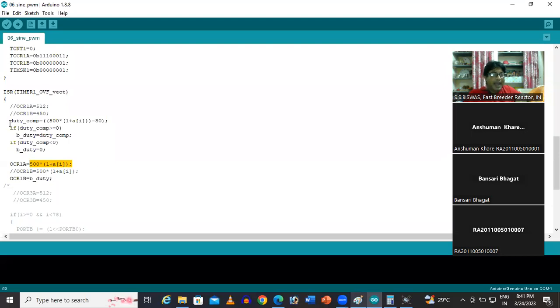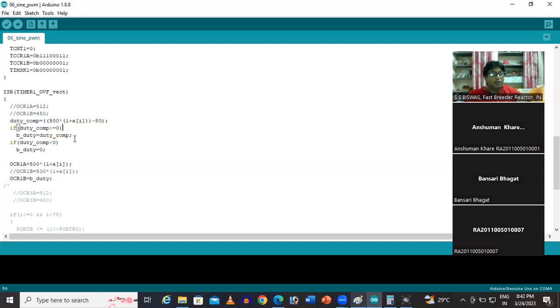Okay. And for the complementary pulse, here this is your dead time. I am reducing 80. But sometimes what will happen, as it's a function of sine theta, sometimes the value will go below 80. And if below 80 you minus 80, it will go negative. But negative means the microcontroller will give a garbage value. So that's why I am settling that value.